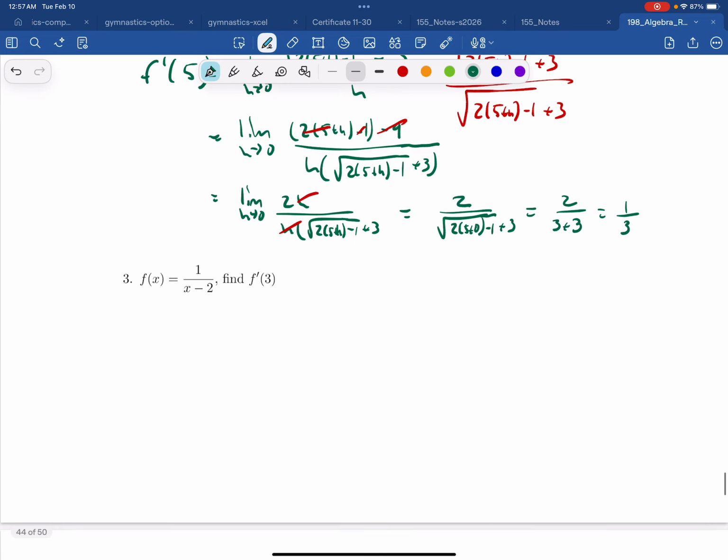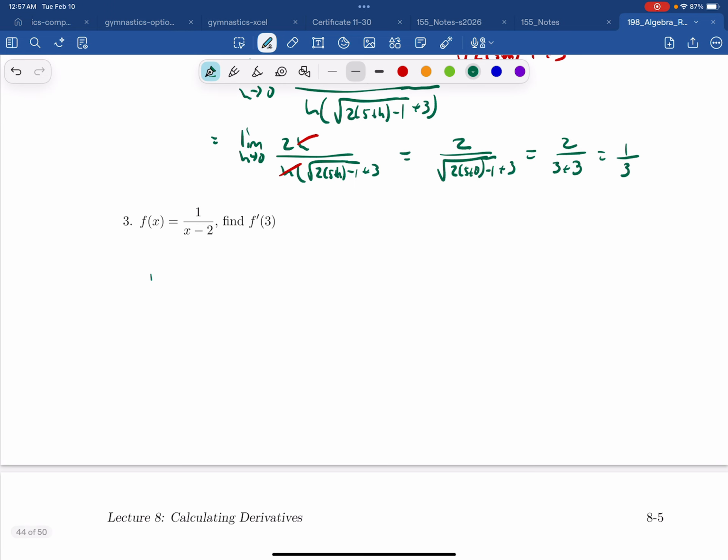There, okay. And last but not least, we have f prime of 3 is going to equal the limit as h approaches 0 of 1 over 3 plus h minus 2, minus 1 over 3 minus 2, all over h. Now remember, this looks kind of yucky, so we're going to simplify it. And remember, one of the ways that we simplify this is to put the 1 over h out in front.